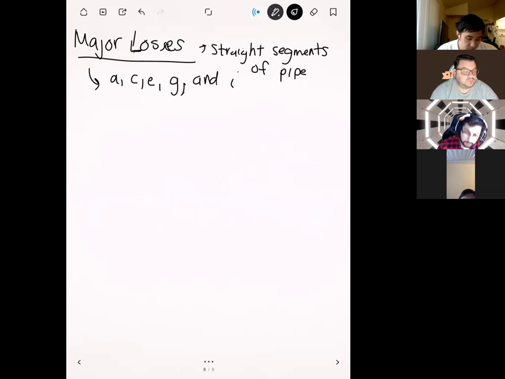To compute the major losses, we're going to need to use our Moody chart in order to compute the friction factor, just like what we did at the end of last lecture.